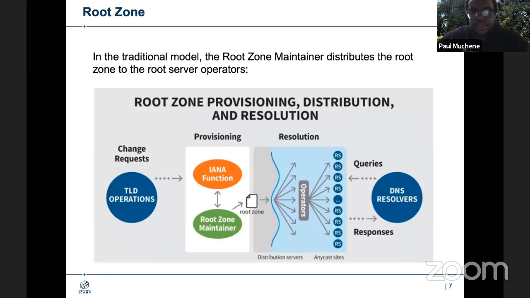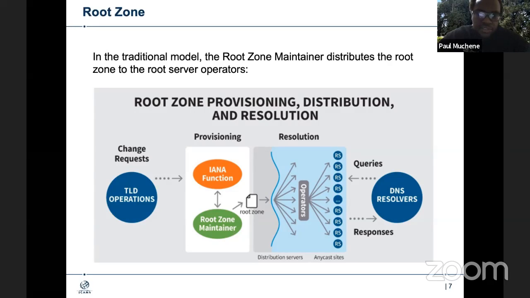Okay, I will give a brief overview of what happens in ICANN and how changes are made to the root zone, and how they end up at the root servers. Basically, policy development processes happen in different stakeholder communities within ICANN. For example, governments are represented through the GAC, the Government Advisory Committee.